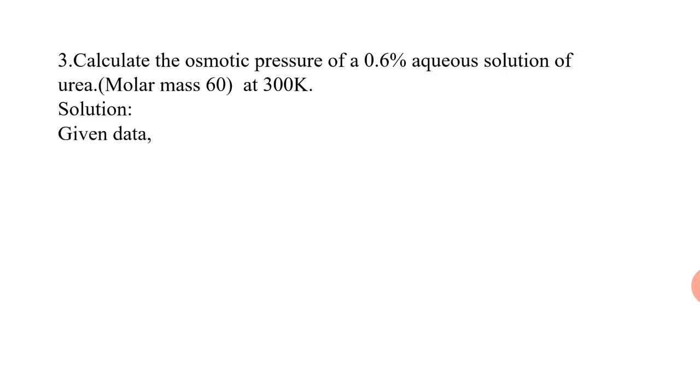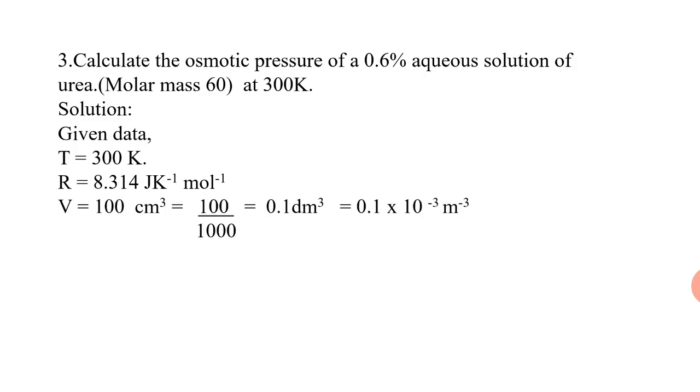So write down the given data. Temperature 300 Kelvin, R is 8.314 Joule per Kelvin per mole. Volume is 100 cm cube divided by 1000, so it is 0.1 dm cube, multiplied with 10 raised to minus 3 to convert into meter cube. Now W2 is 0.6 gram, M2 is 60.